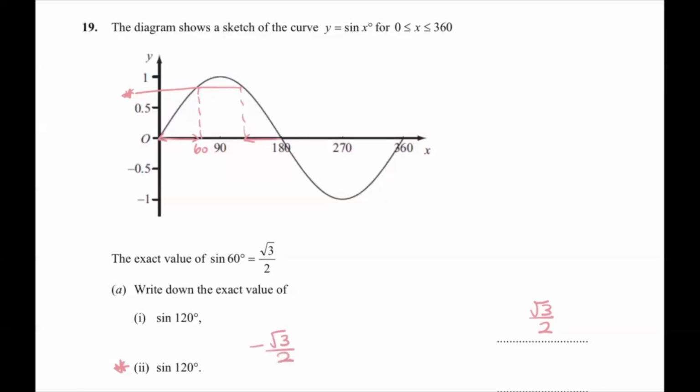Now, minus √3/2 is going to be obviously around here, which would cut it. And again, it's all in the symmetry. So this would have been 60 away, so 240. And this one would have been 300. So it was probably going to ask for sine 240, I think. But obviously I don't know because I am not psychic.